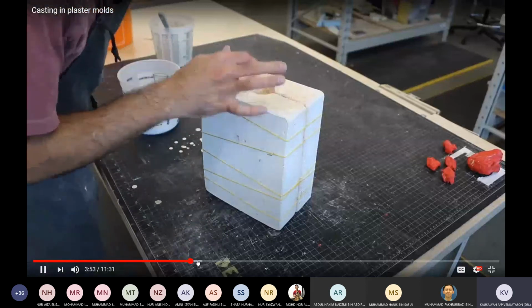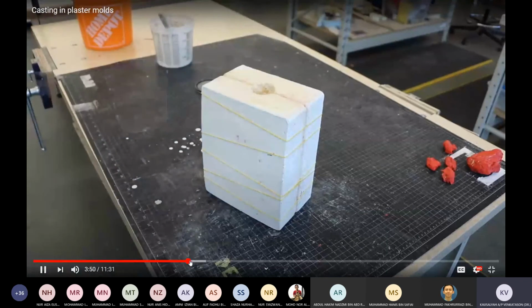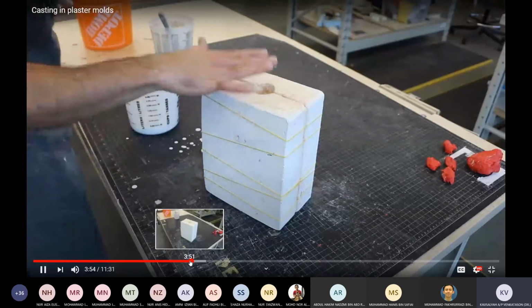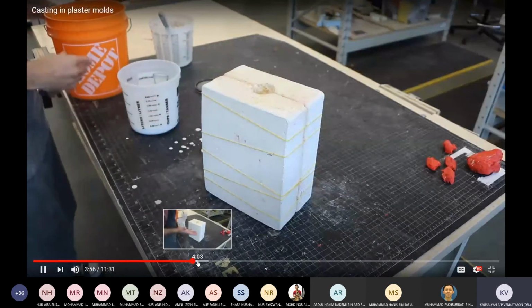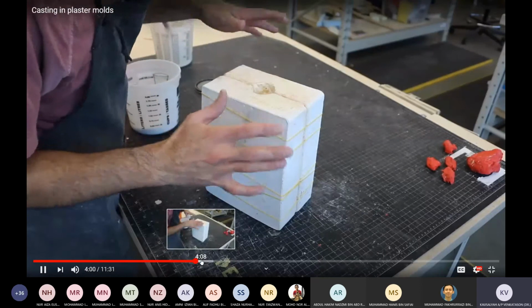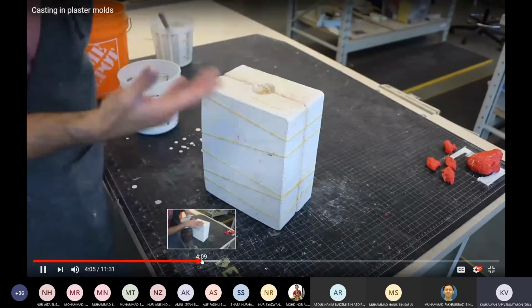So you may have noticed I didn't fill the whole cavity. I'm always super extreme with the wasting of material. I don't want to waste material, so I'm normally short. That's what happens.